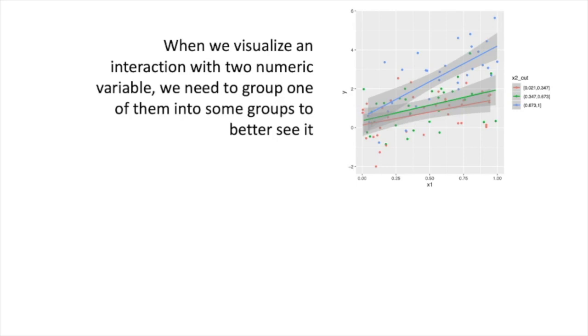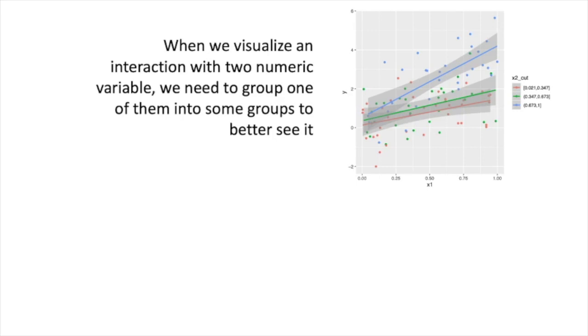In this case, we grouped all the lower values, the middle values, and the high values together. And we do that not for the interaction itself in the model, but just for the figure. Like I'll mention later on, you do not need to categorize anything. You can have an interaction between two numeric variables just fine. But to visualize it, it's helpful if you dichotomize one of them.